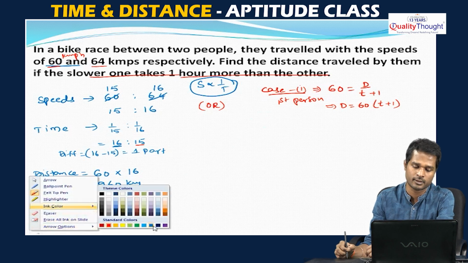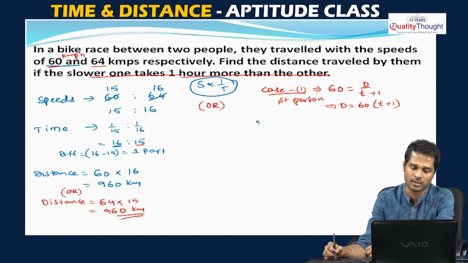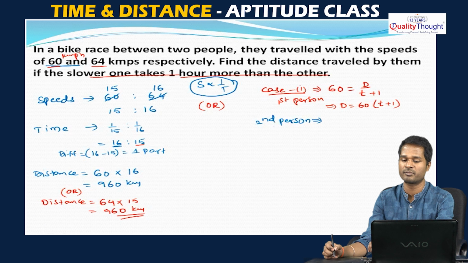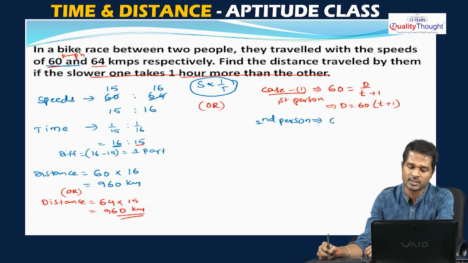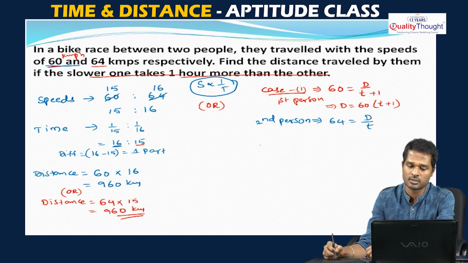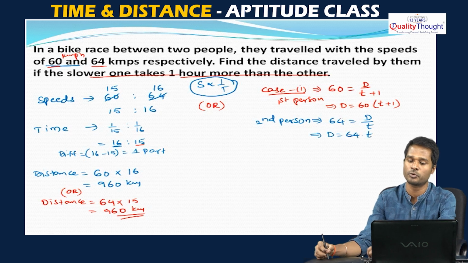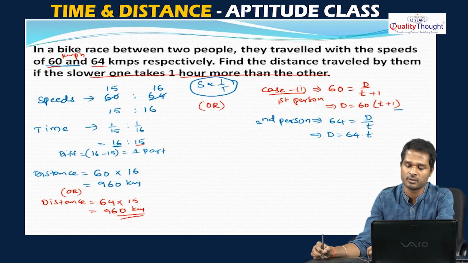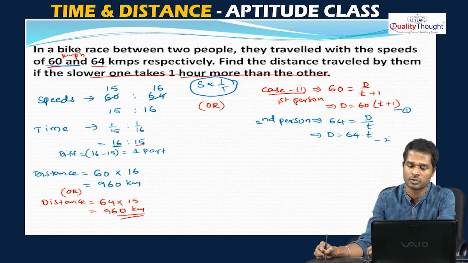Now let's write it for the second person. The first person takes 1 hour more, that is why we wrote t plus 1. Second person speed is 64, distance is d, time is t hours. So d is equal to 64 into t. Let's take this as equation 1 and this as equation 2.